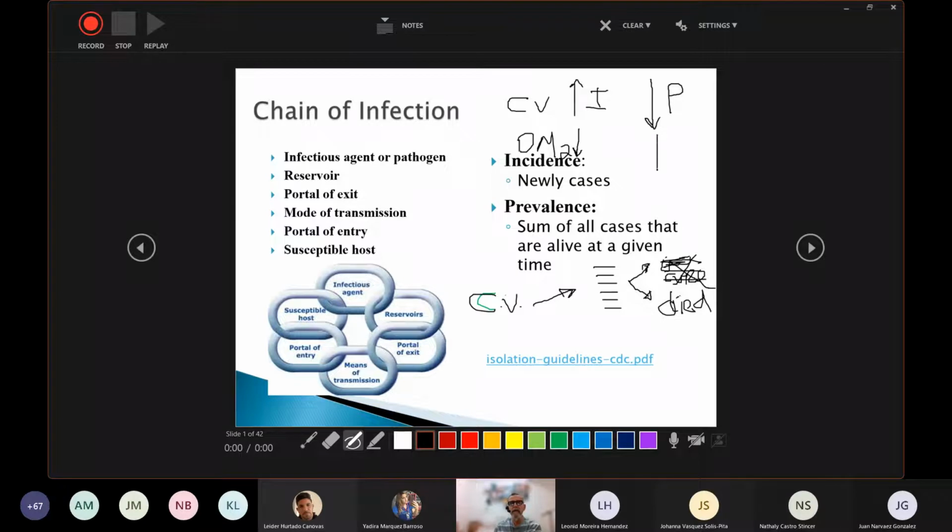So diabetes mellitus has a very high prevalence, because every day new cases are added. Even if there are few new cases, they don't die, they don't cure, and it accumulates. So the prevalence is high.